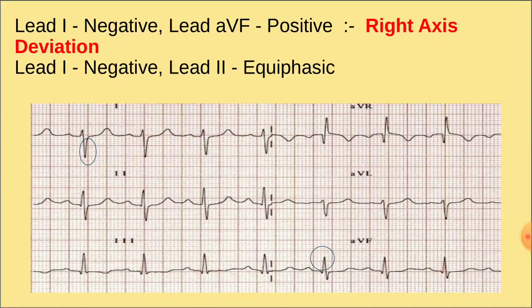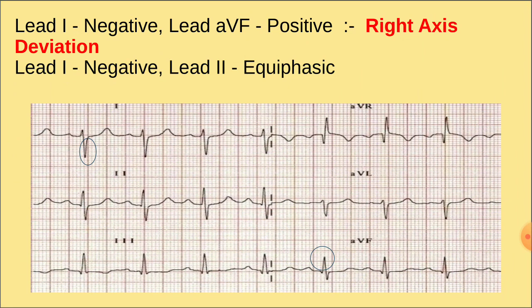So here you can see the QRS complex in lead 1 is in negative deflection and the QRS complex in lead aVF is in positive deflection, showing it is right axis deviation. Here in lead 2, the QRS complex is equiphasic, so I am comparing only lead 1 and lead aVF, showing right axis deviation.